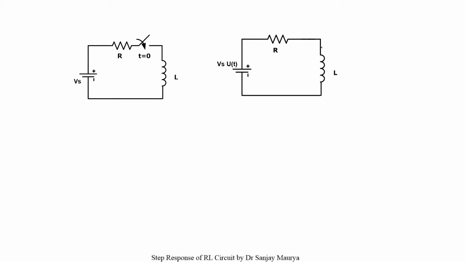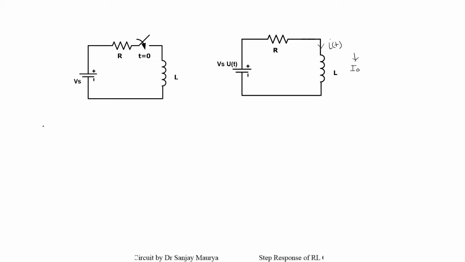Now let's determine the response of this electrical circuit. Here I am taking the current across the inductor as the response of this electrical circuit, i(t). I am also assuming that before closing this switch, the inductor has some initial current flowing across it, which is given by I naught.